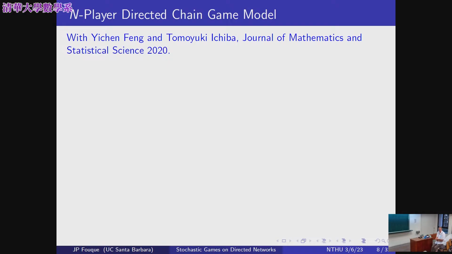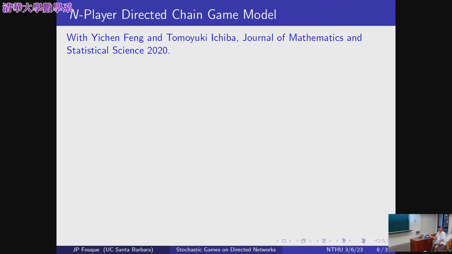And so this has been very, very interesting. There is a PDE approach, there is a probabilistic approach, in particular the work of Carmona and Delarue. So there is a lot of things going on with mean field game. Here we are not looking at mean field game. We will go back to mean field game later on, but we are looking at the case of directed chain. And we saw that this has nothing to do with mean field game.